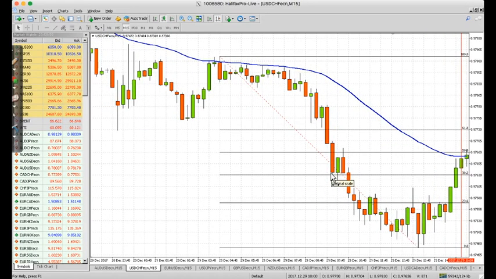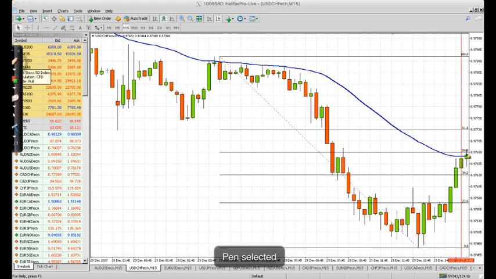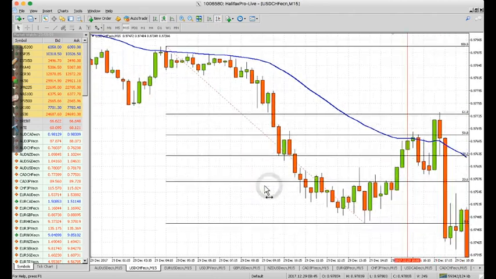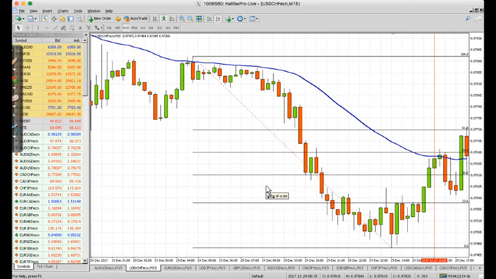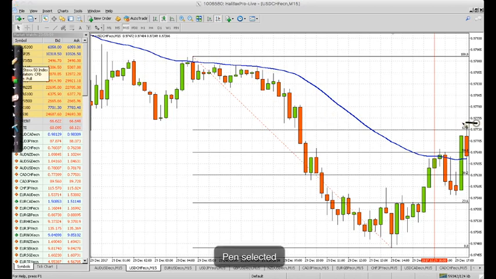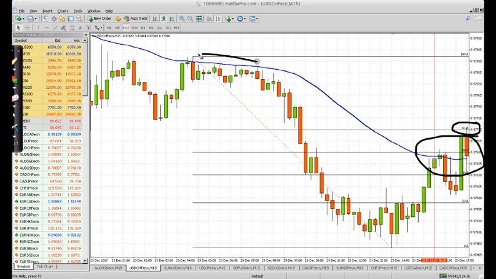You can see that not only is this level here 61.8%, not only is it a Fibonacci level, but it is at a moving average resistance.